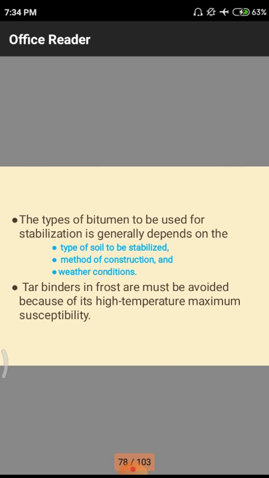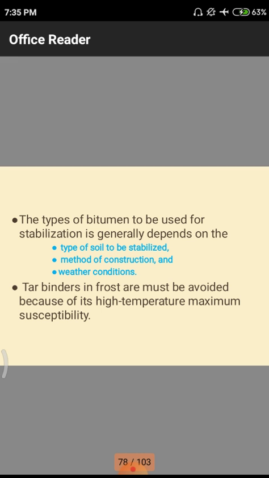Next, the different types of bitumen used for stabilization depend on several factors. Whenever we do the stabilization process, there are factors we have to face. Some of them are beneficial and some of them are disadvantages, so we have to eliminate those disadvantages while carrying out these experiments.